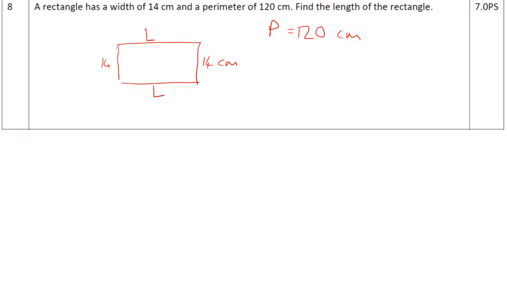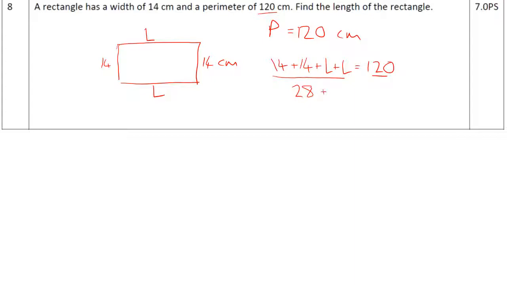So we know that the perimeter is the sum of all the side lengths. So 14 plus L plus L equals 120. We're saying that all the side lengths here equal the perimeter we've been given in the question. And then it's just a case of doing some really simple algebra. 14 plus 14 is 28.